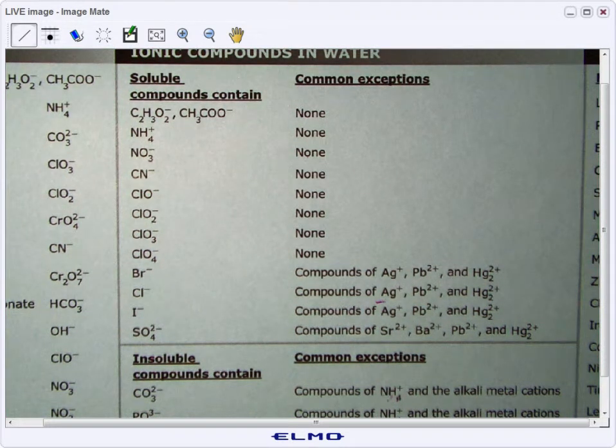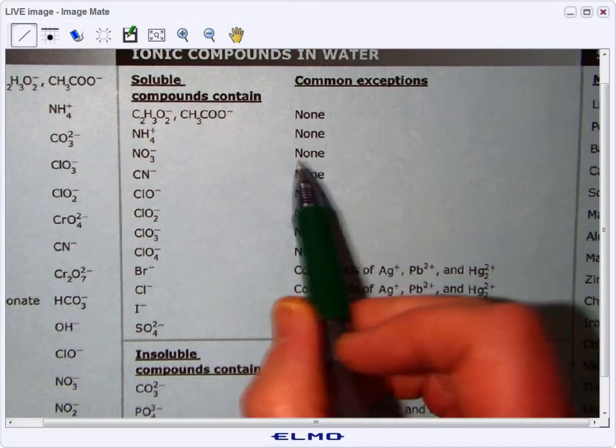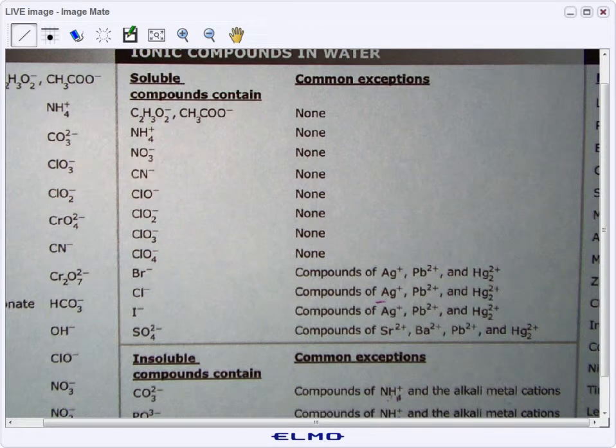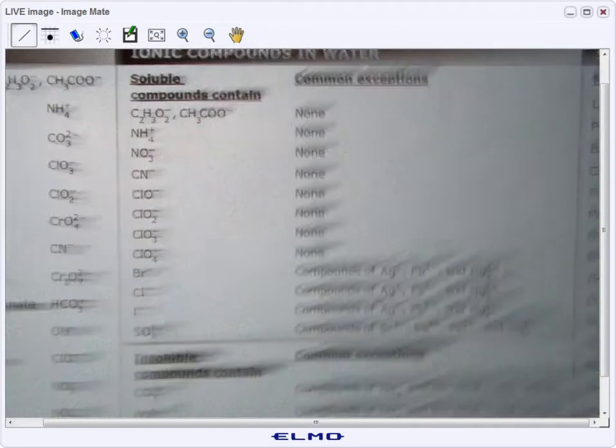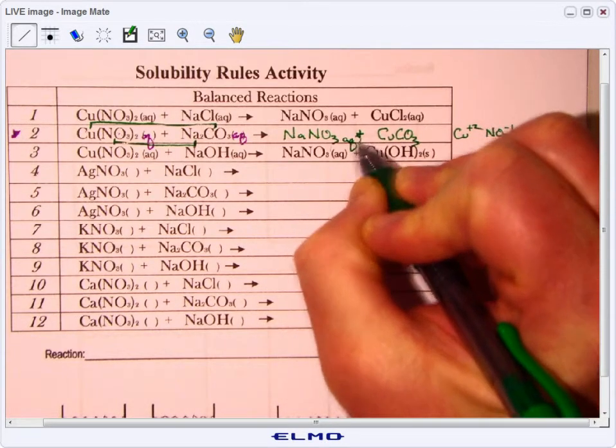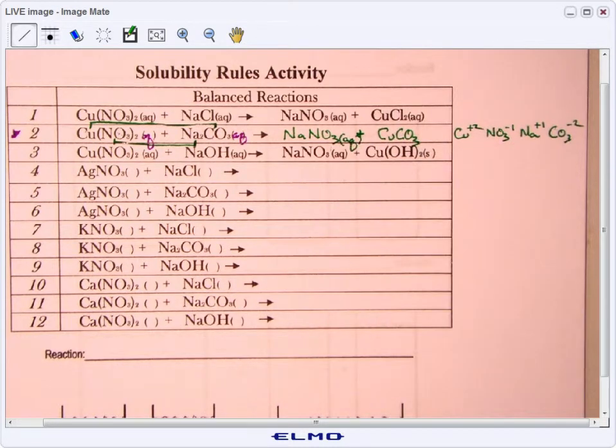It's soluble, which means it will dissolve in water always. There's never a time that it won't dissolve in water. So anything that has NO3 at the end of it is always, always, always going to dissolve in water. If it dissolves, we write AQ and we put them in parentheses because it's aqueous. It dissolves in water.